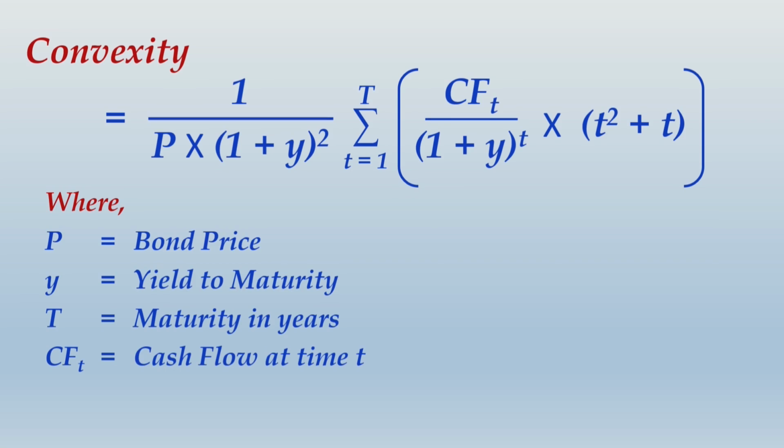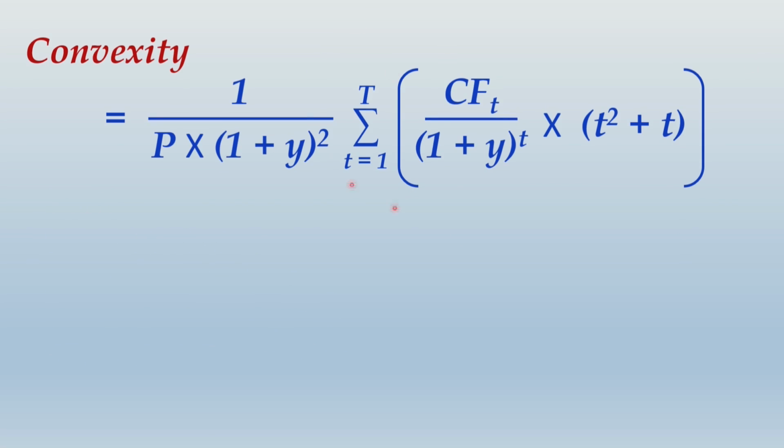Now allow me to simplify this for you. So what is to be done? If you carefully observe this whole thing, as I said, this is cash flow in the first year divided by (1 plus y) raised to 1, then cash flow in the second year divided by (1 plus y) raised to 2, cash flow in the third year divided by (1 plus y) raised to 3, and so on up to maturity of the bond.